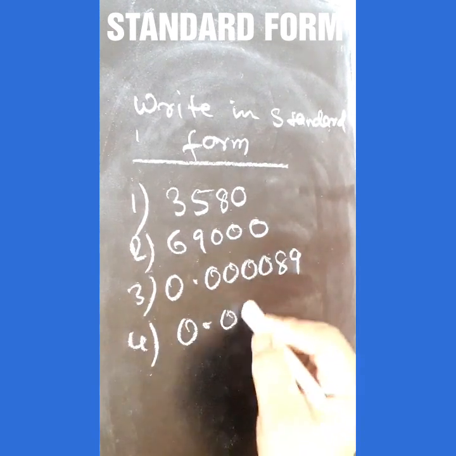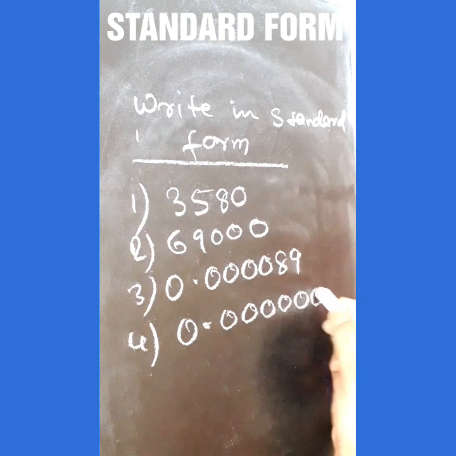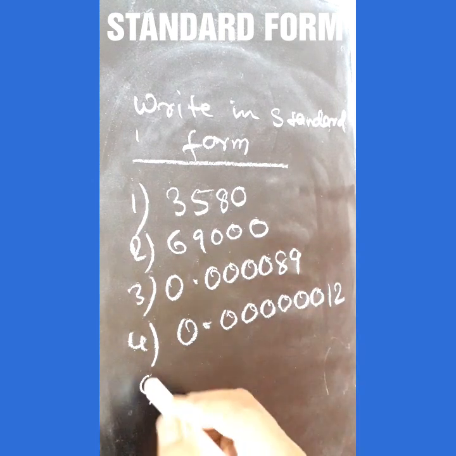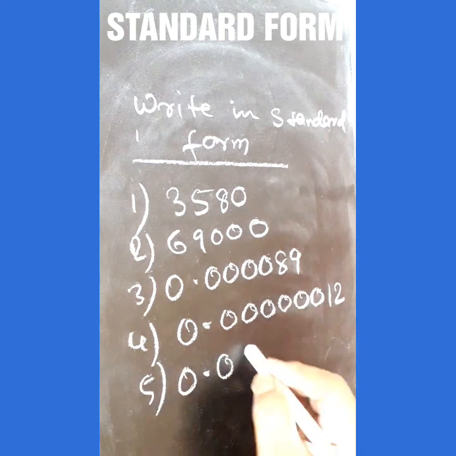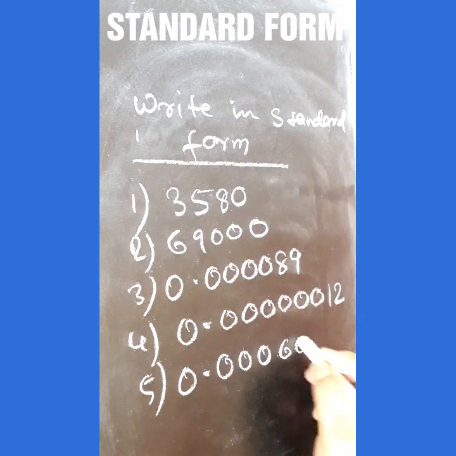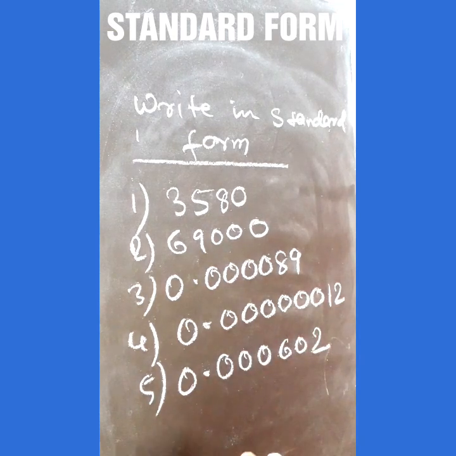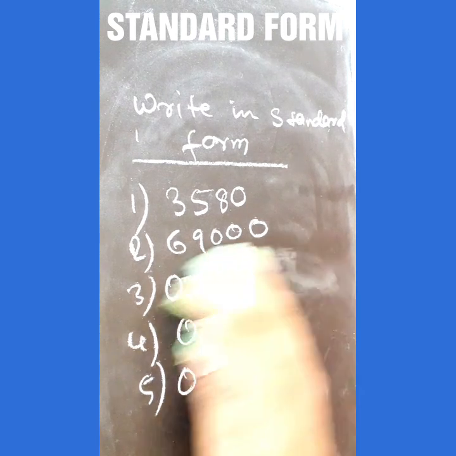Zero point, 0.00000012, 0.000602. These are 5 questions for practice.